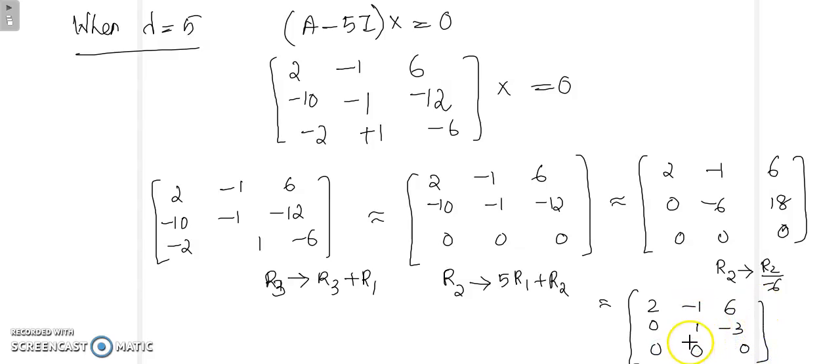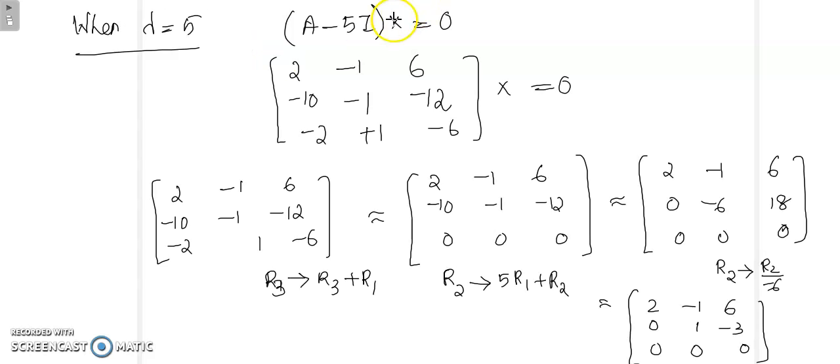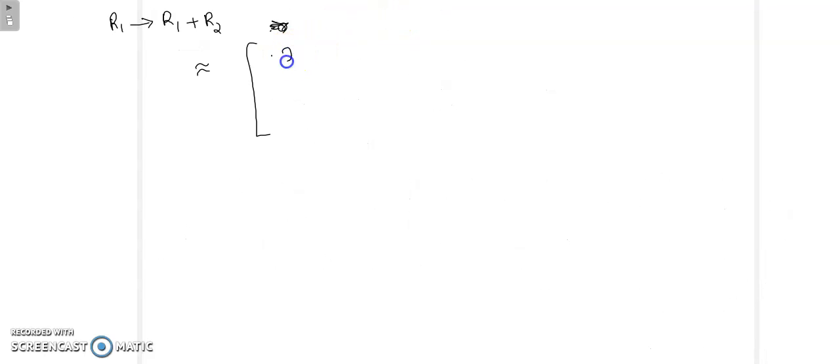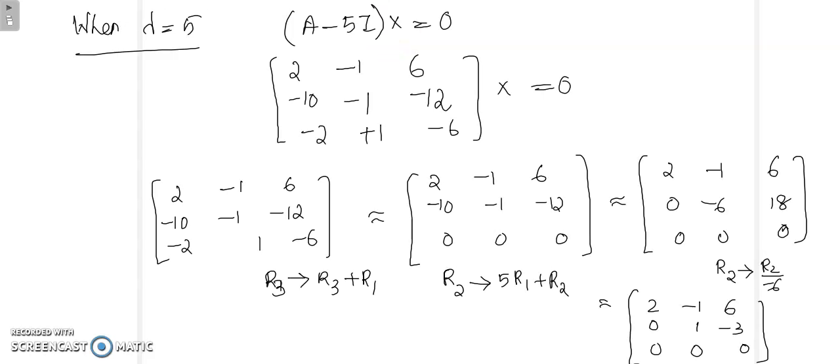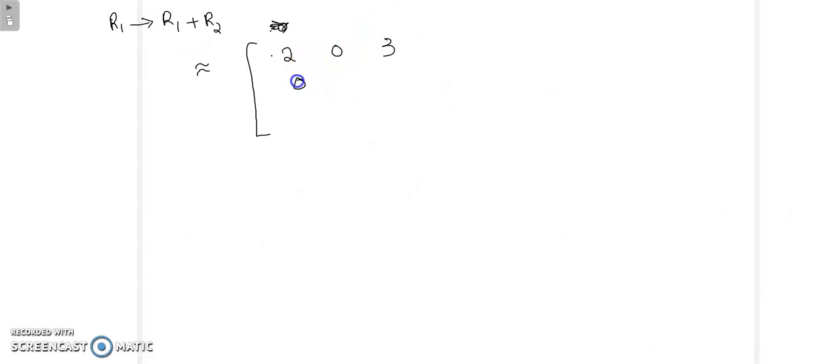So you can take R1 goes to R1 plus R2. So you will get the matrix 2, 0, 3, and 0, 1, minus 3, 0, 0.